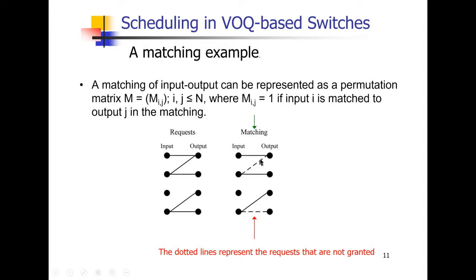The dotted line corresponds to a cell that has not been selected in that time slot. And then we selected another cell here, and so on. So you can see that the set of edges in the matching is a subset of the set of edges in the request. But it's feasible because it doesn't go against any constraint.